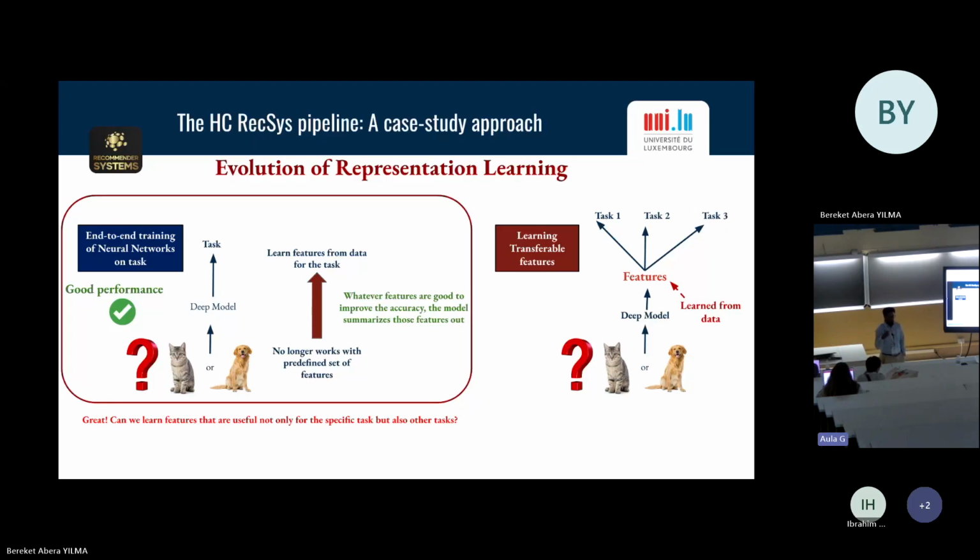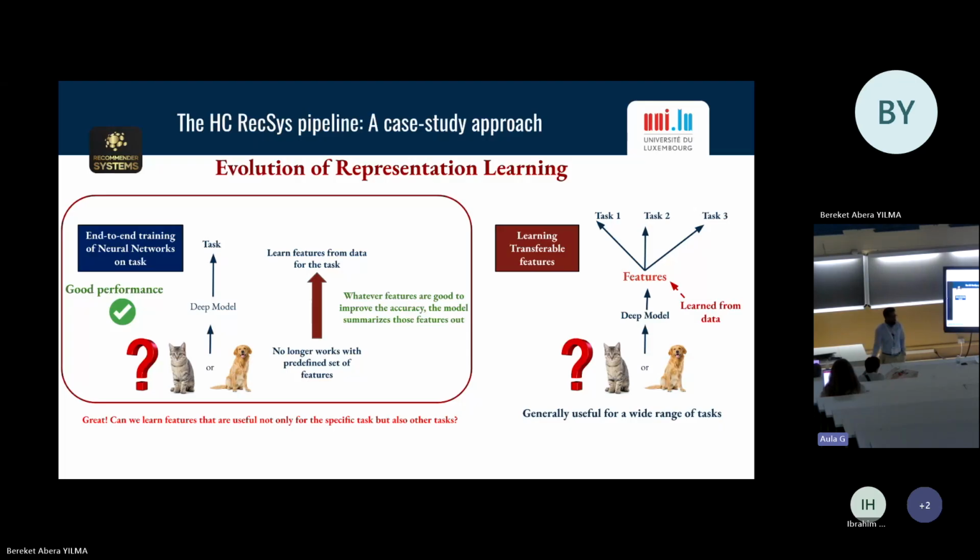Sometimes we don't even know in advance what kind of task we want to solve. We just want to learn a representation which is more powerful and generally useful for a wide range of tasks. So for example, you can classify cats and dogs, but can I answer from this representation, is the dog healthy? You can answer this kind of questions from good representations. And this opened up modern day representation learning.